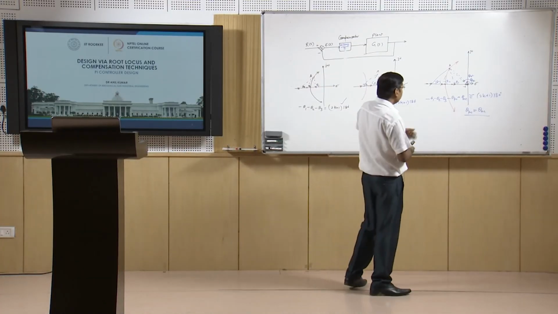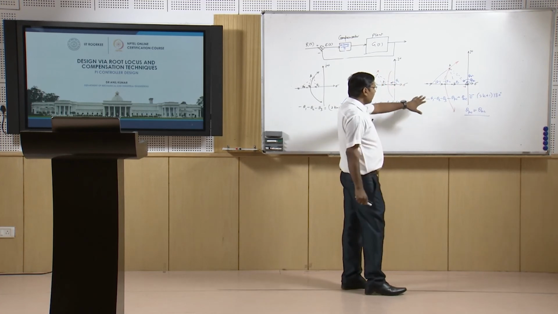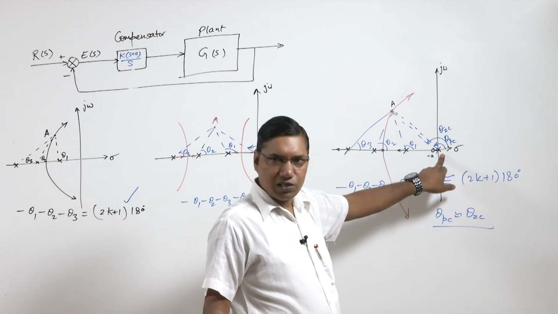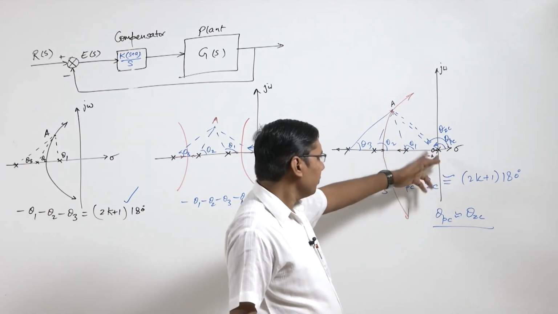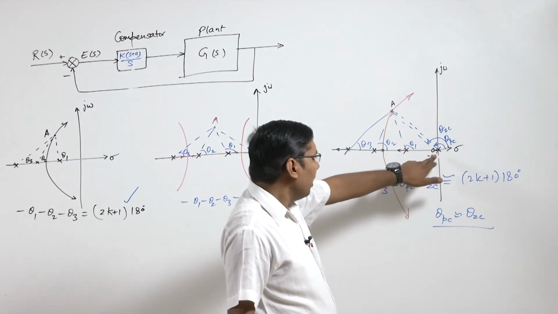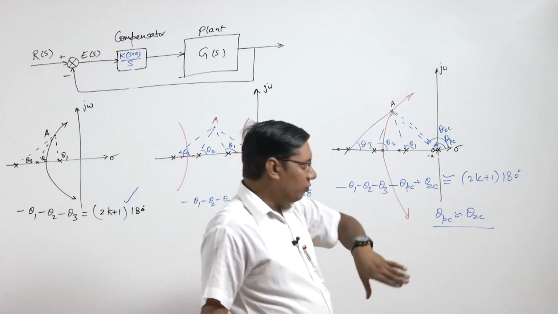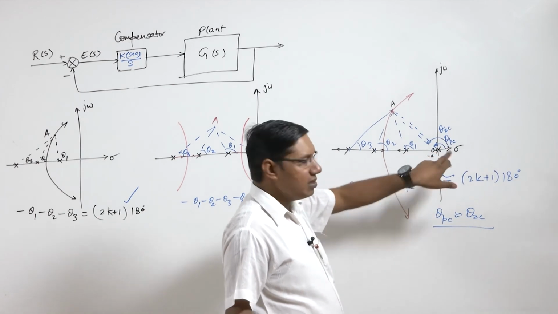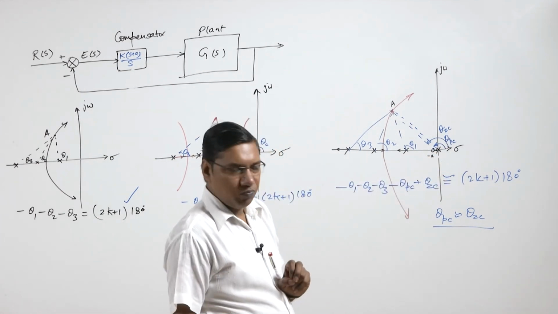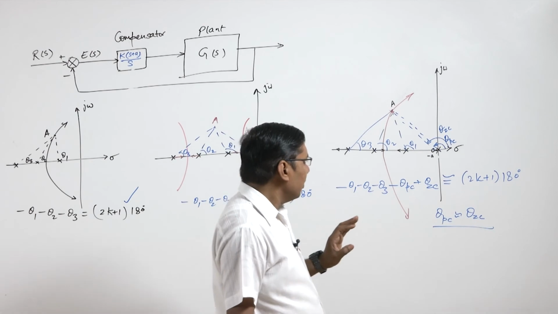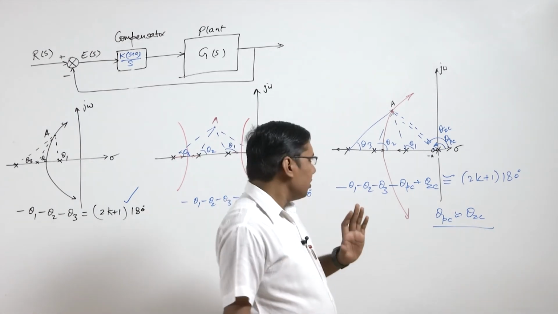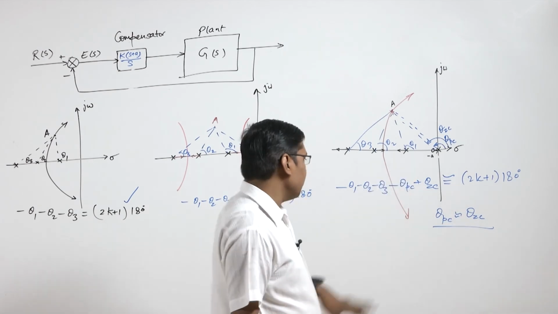Therefore, we have improved the steady state error by putting one pole at the origin, because the system type is increased, and so steady state error is improved. However, at the same time, by adding a 0 close to this pole, we have retained the transient response requirement of the system.